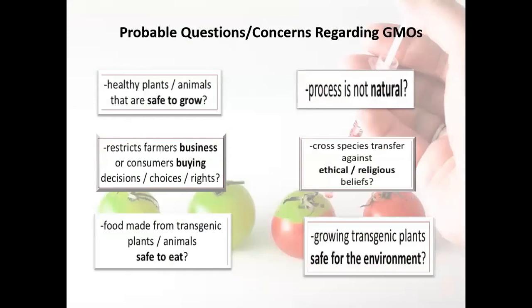Here are the questions or concerns of people regarding GMOs. People usually ask: are genetically modified plants or animals safe to grow? Is the process natural? Are farmers using this technology to increase their consumer demand?